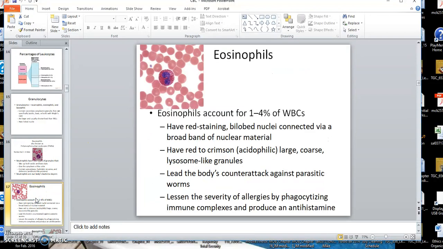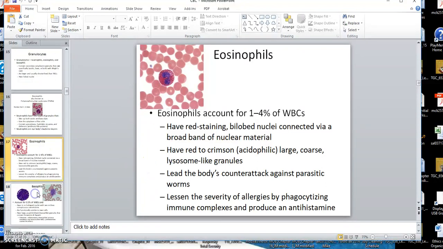The eosinophils are about 1 to 4%. They are good for fighting helminths and parasites. They also are slightly anti-inflammatory. The type of granules they have, one being something called major basic protein, attempts to fight helminths and parasites and so forth. Those are the eosinophils.